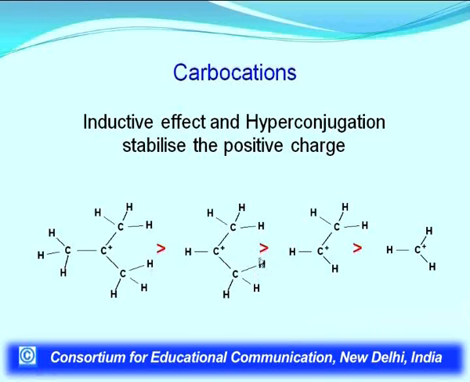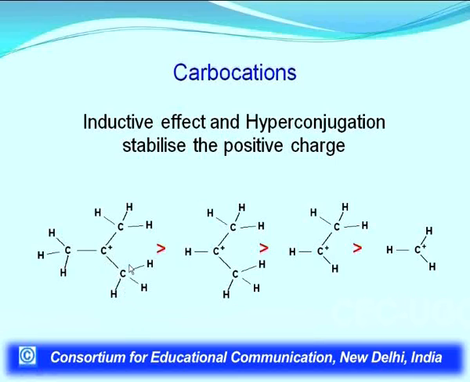Now, why are they stable in this order? Because the positive charge is stabilized by the inductive effect of these methyl groups, which is electron releasing, and second by hyperconjugation. So many hydrogens are there, they form hyperconjugative structures because the next carbon has got a positive charge. So, the more hyperconjugative structures, the more is the stability.